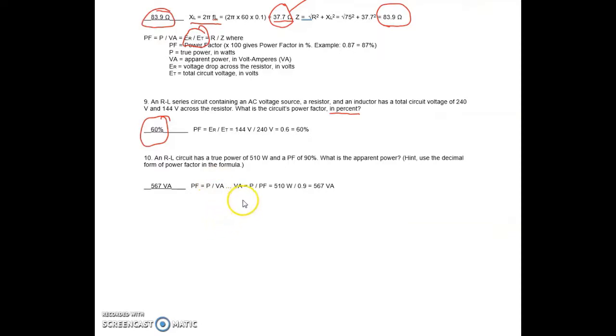If we do that algebra, we get apparent power equals true power divided by power factor equals 510 watts divided by 0.9. We are using the decimal form of power factor, so that is why it is 0.9. And we get an apparent power of 567 volt amps.